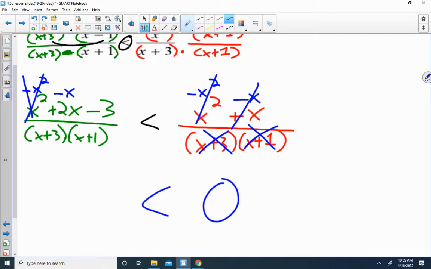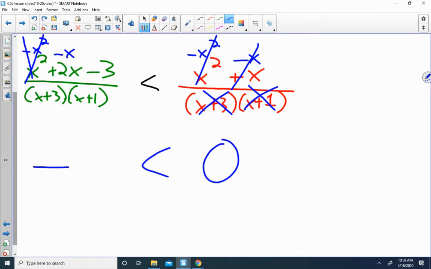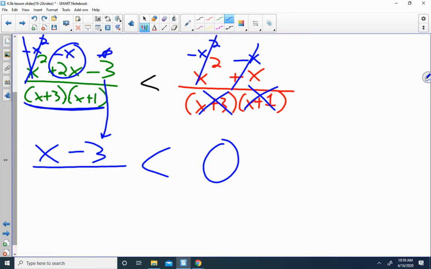On this side, however, we combine the like terms, negative x plus 2x, that's just going to give you 1x, or just x. And the minus 3, we didn't do anything with that, so that can just drop down. So we get x minus 3. And of course, your denominator will stay. So you'll get x plus 3, x plus 1.